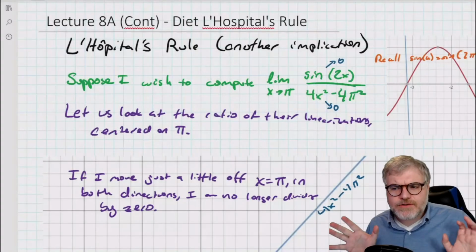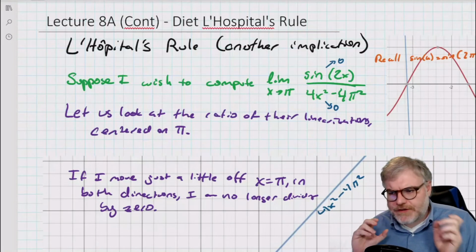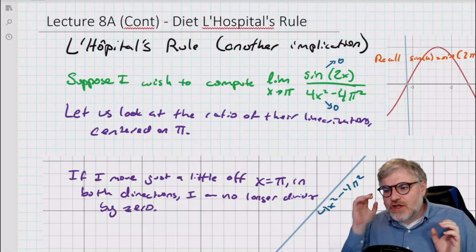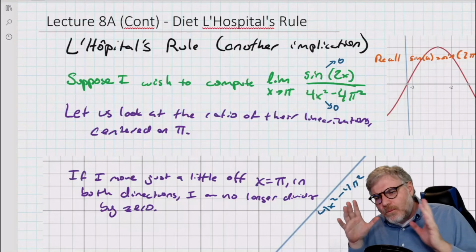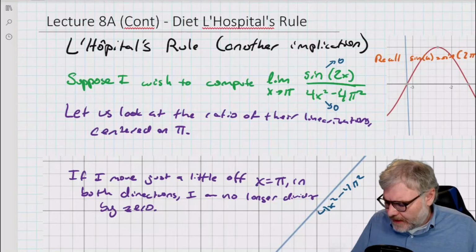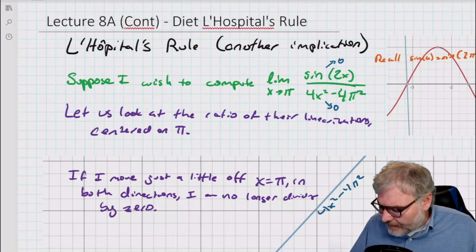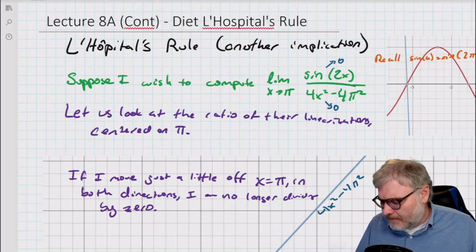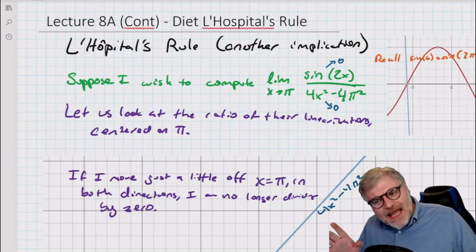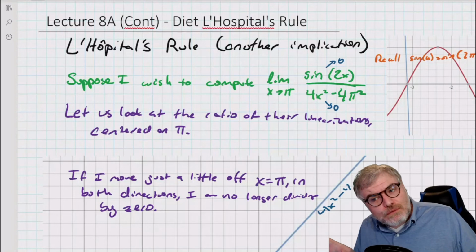Let's look at a major implication of this linearization idea, and that's L'Hopital's Rule. Suppose I want to compute the limit as x goes to pi of sine of 2x over 4x squared minus 4 pi squared. That would be unpleasant. I could do it with the special limit.